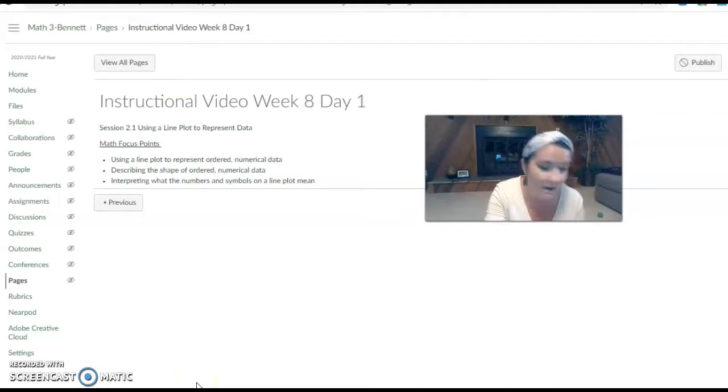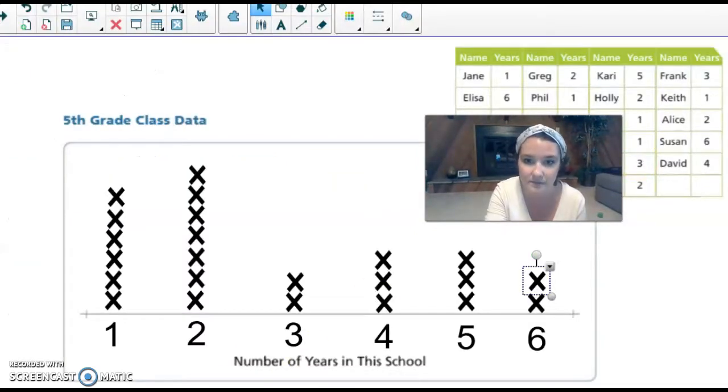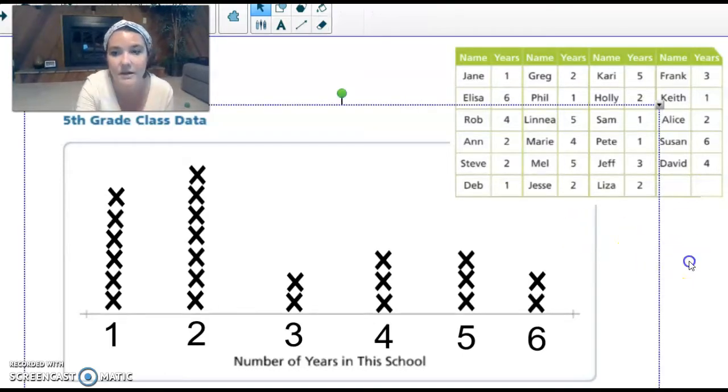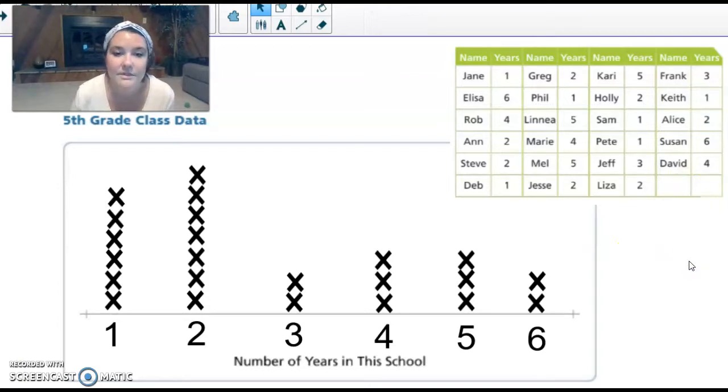Okay, so I actually already created the line plot for Miss G's class. So let me move over here. All right, so I took the data and I put each piece of data onto the line plot. So take a moment and double check your line plot. I know this was several pieces of data, and so sometimes if we're not marking or checking off, we can get a little off.